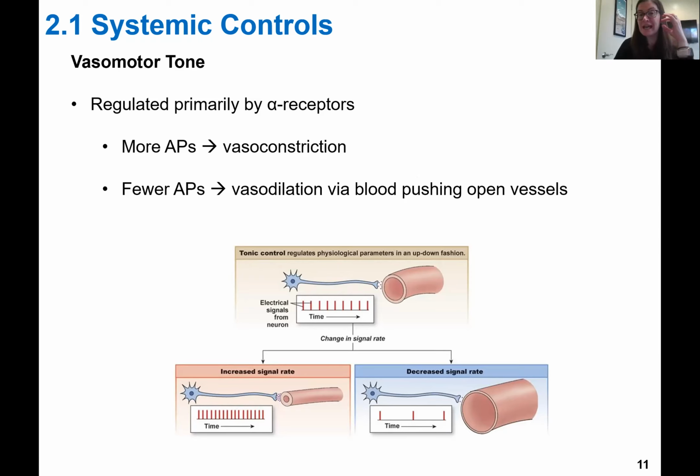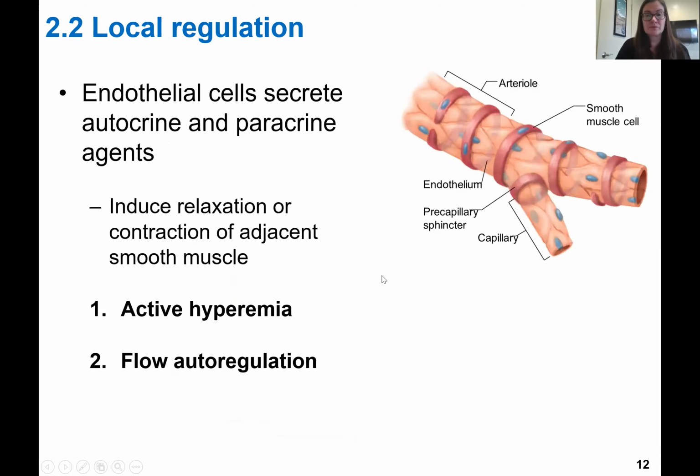If you need higher pressure, you're going to vasoconstrict, so you're going to send more action potentials down those sympathetic nerves. If you need more flow, less pressure, you're going to send fewer action potentials. The blood's going to force open the vessel, and you're going to get vasodilation, and you're going to get more flow. We can also have local regulations.